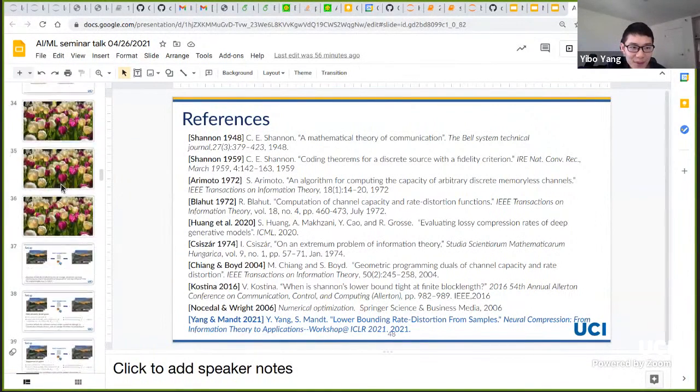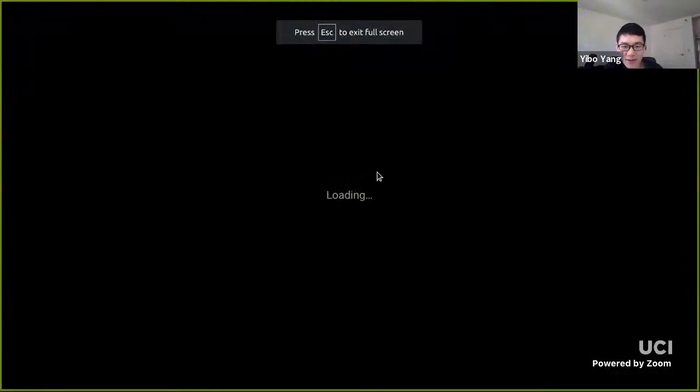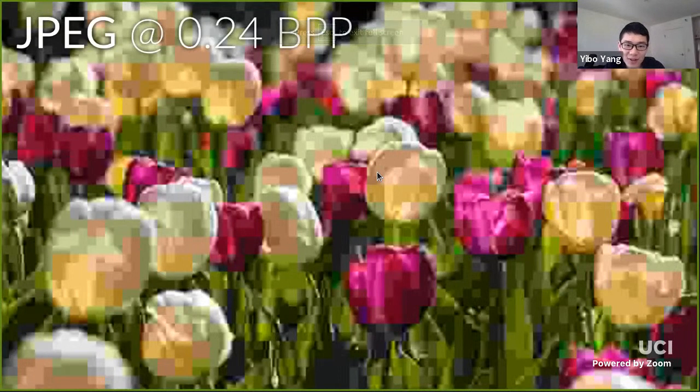As an interesting example, the neural methods already are able to do this implicitly, without us telling it how to come up with the reconstruction. So here's the reconstruction with JPEG at a fairly low bit rate.